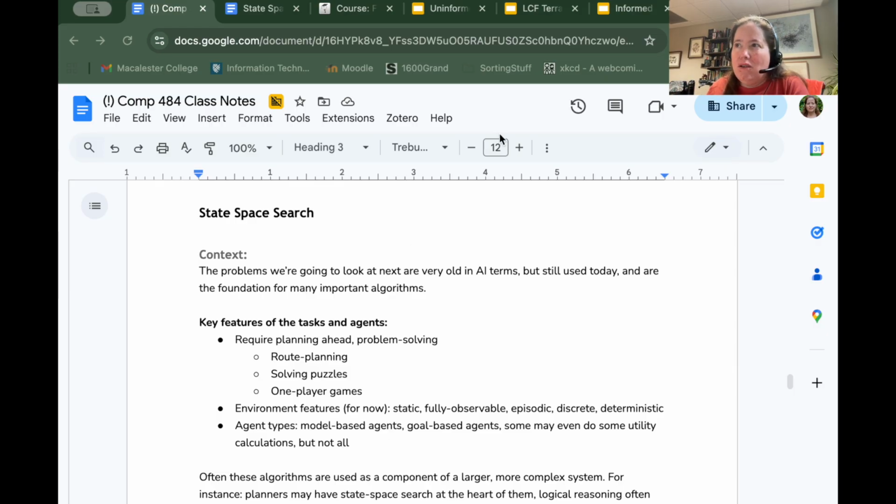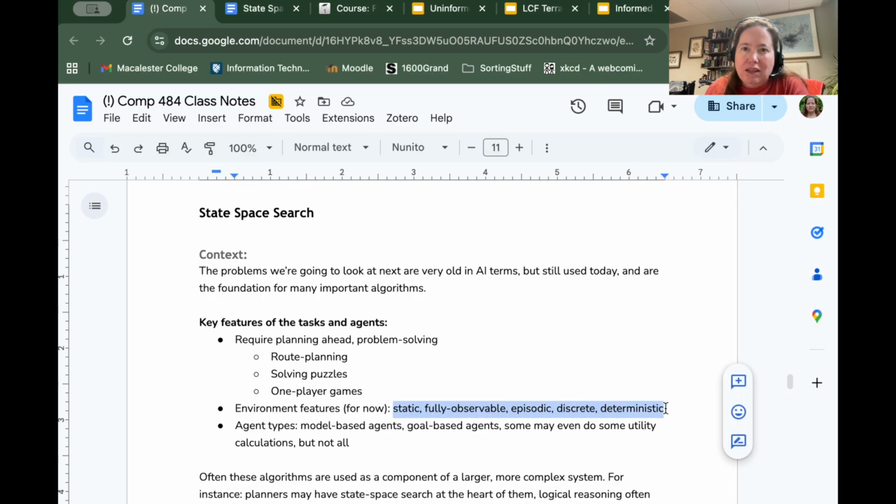Generally speaking, when we're talking about these, they have certain features in the environment. So the basic algorithms assume that the environment is static. That means the agent is the only thing making changes to the environment. It's fully observable, so we can see everything we need to see. It might be episodic.